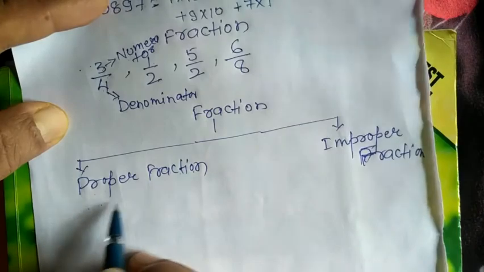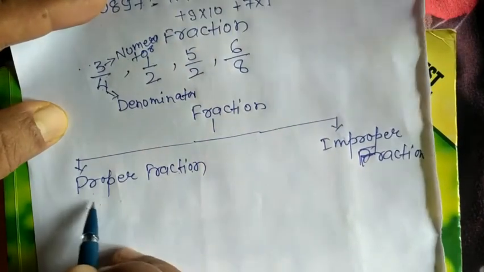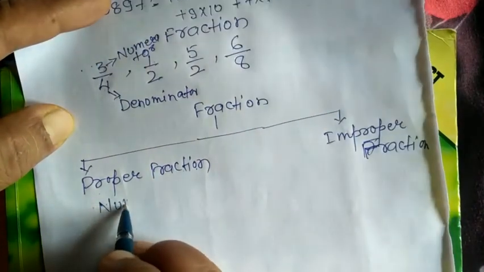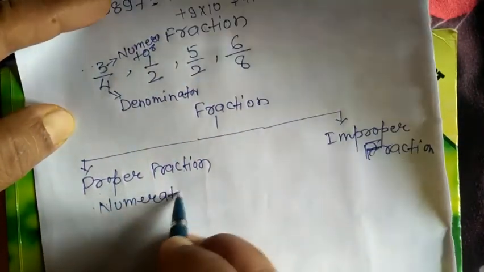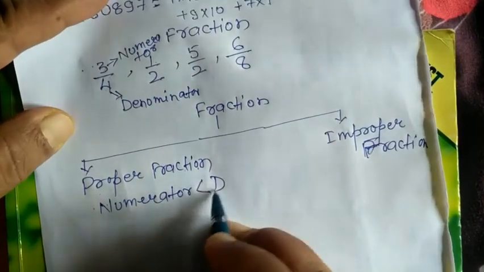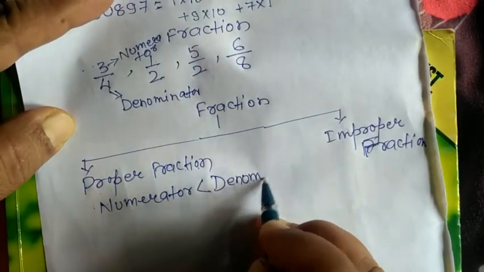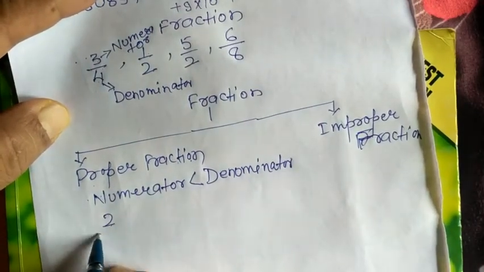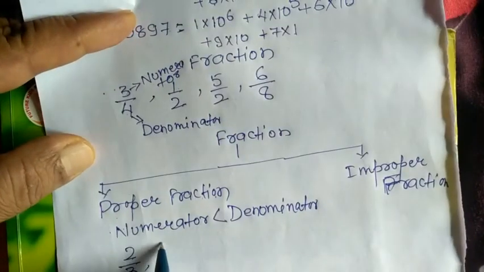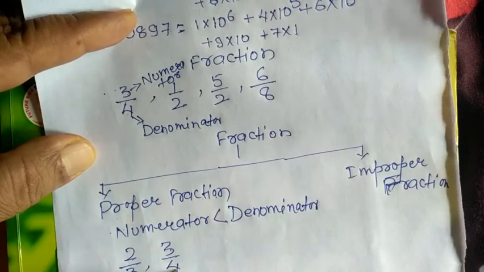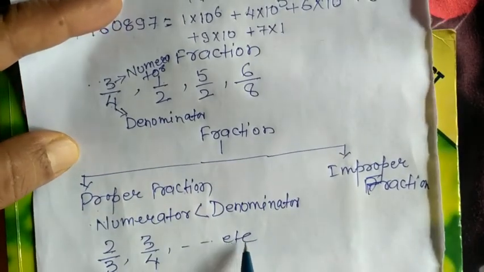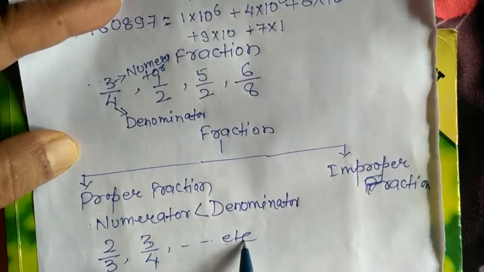Now see, in a proper fraction, the numerator is always less than the denominator. This is the condition. See, 2 by 3. From here, we can take 3 by 4, because the numerator is less than the denominator, etc. You will have to write etc. here.